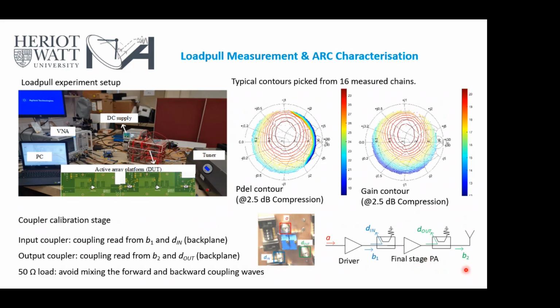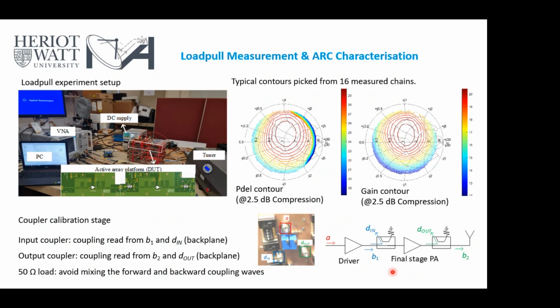Also for the output wave, we have the B2. We have the coupling read as D out. These are the ports right over here. So noted here, for the output coupler, we loaded with 50 ohm. It's possible to use that to read the reflected wave.